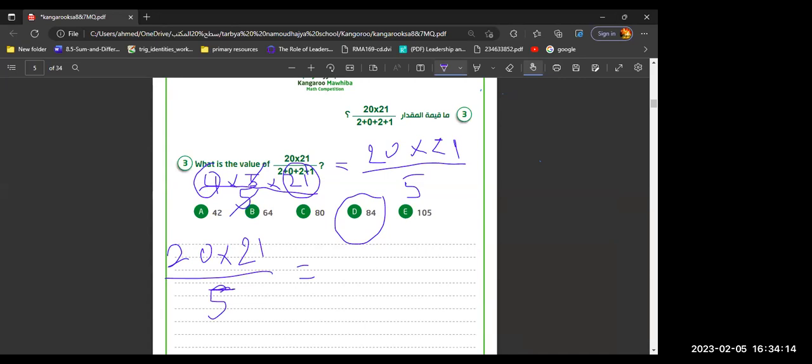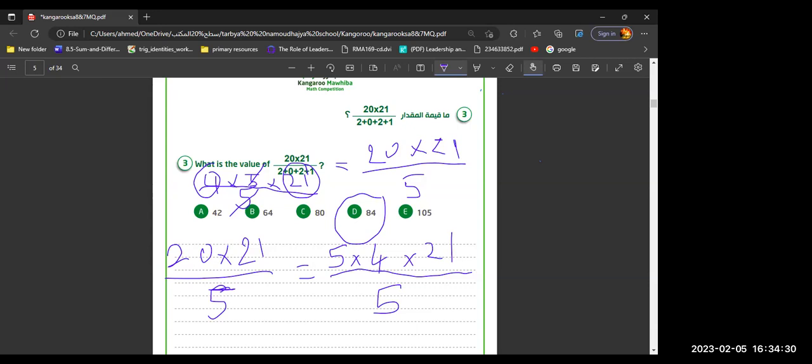All right. So look, guys, again, I'm going to rewrite it. 20 is actually 5 times 4. Yes, Mister, this way is easier, because if you get 20 times 21, it needs a long trip to do.